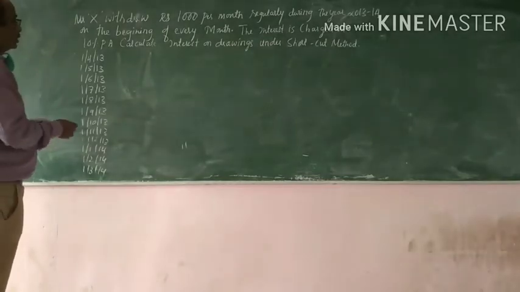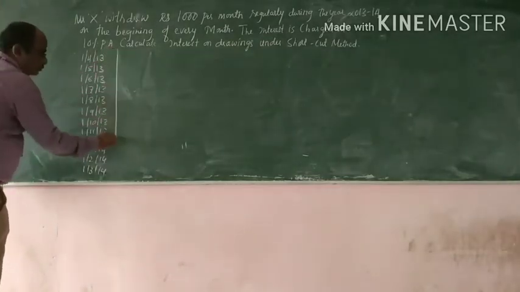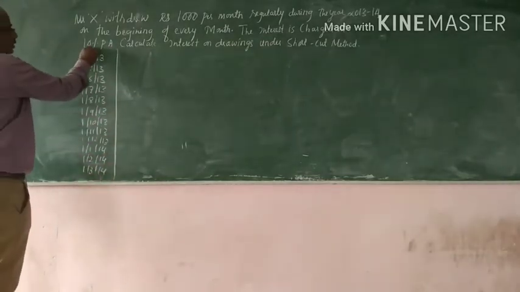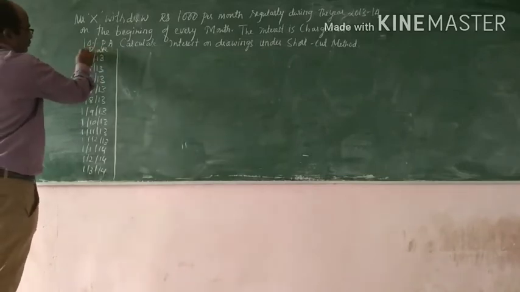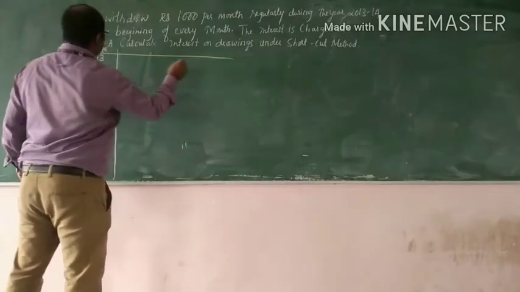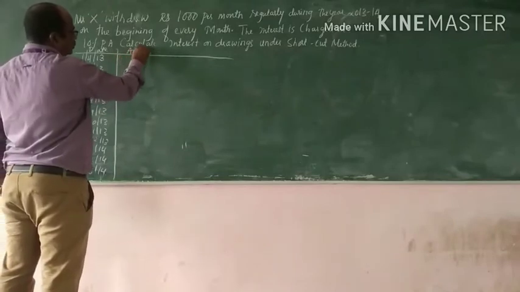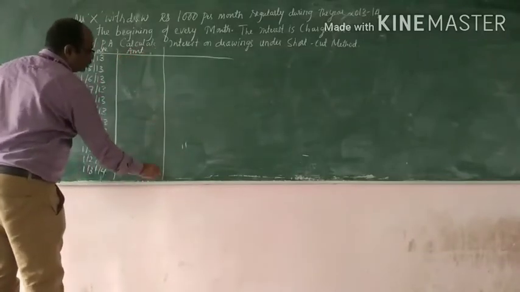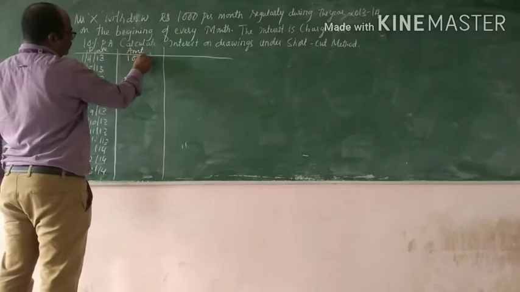So this will be the beginning of the month, that is the date. Then the amount withdrawn is 1000 rupees per month.